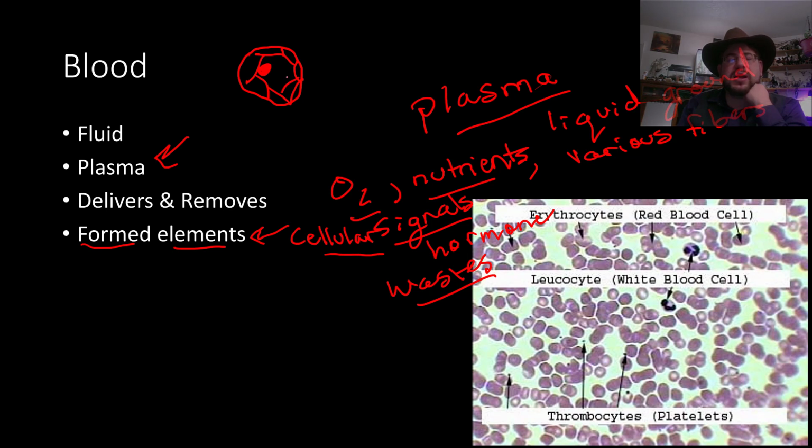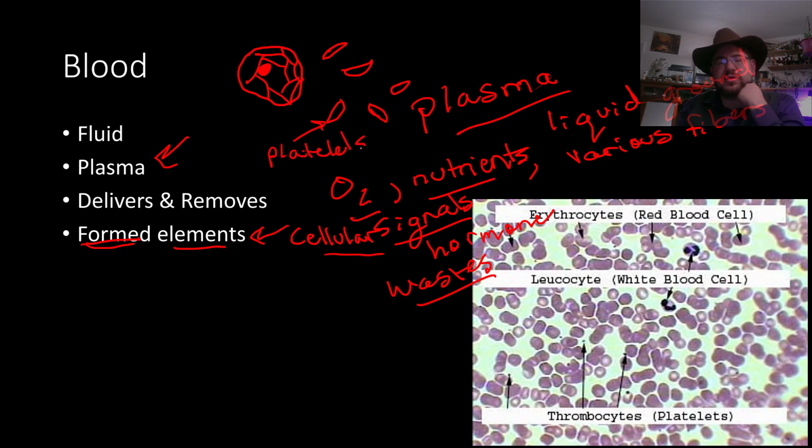So platelets aren't actually cellular, they're chunks that are traveling in the blood. So we say formed elements because they're not all genuine cells. Platelets are actually non-cellular material that are derived from cells, formed from cells.